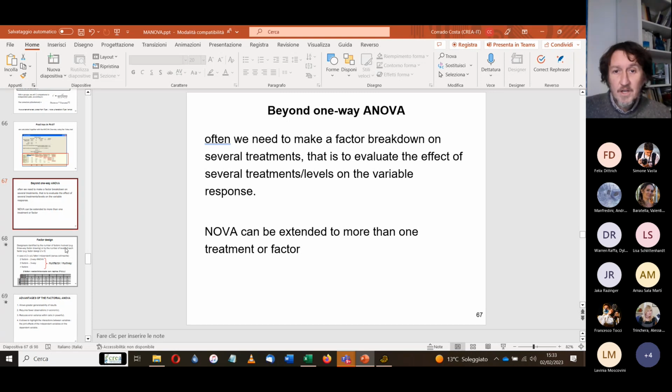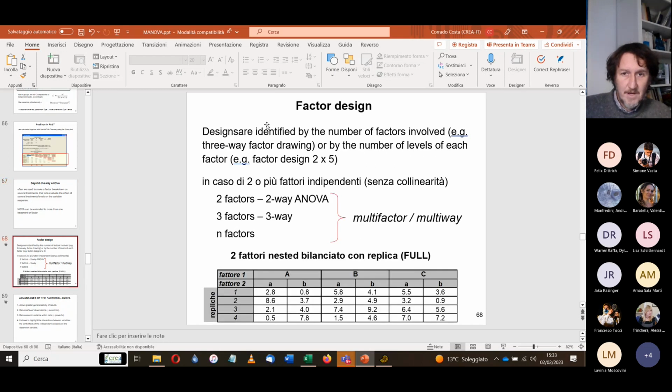So beyond one-way ANOVA, you have more than one factor. In this example, we had just one factor, that is the species, and 7 levels, that is the name of the different species, so Pomodorino, Zucchini, etc. You can have a different factor design, so with 2 factors, two-way ANOVA, 3 factors, three-way ANOVA, or n factors.